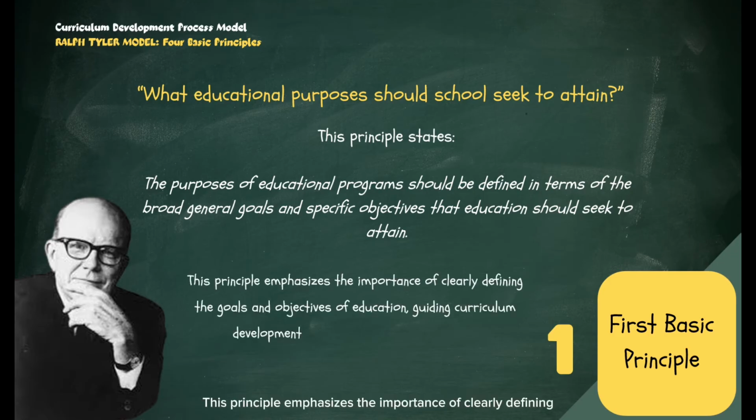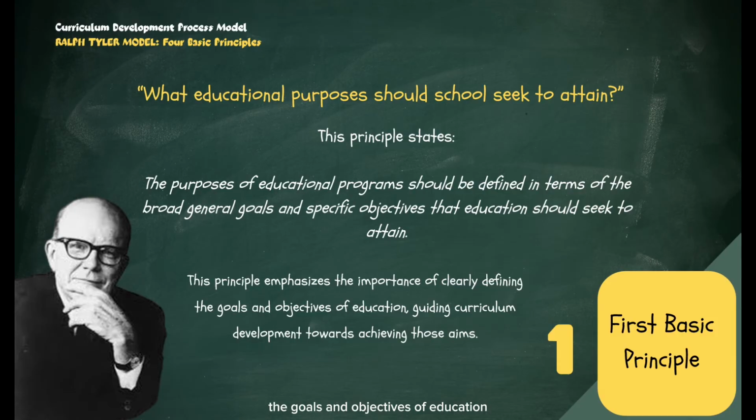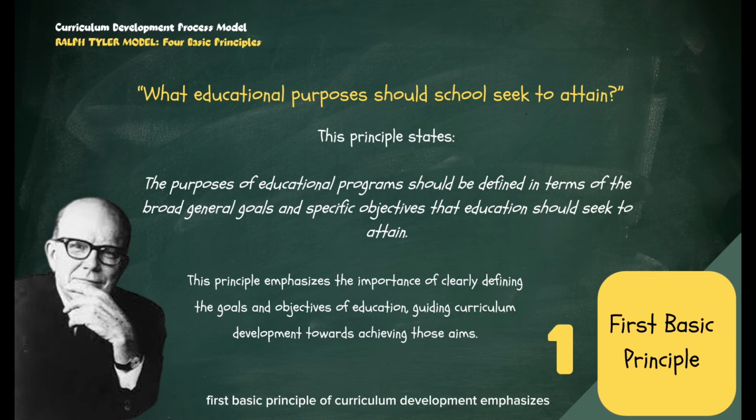This principle emphasizes the importance of clearly defining the goals and objectives of education, guiding curriculum development towards achieving those aims. Furthermore, the first basic principle of curriculum development emphasizes the importance of clearly defining educational goals and objectives to guide curriculum planning, instruction, and assessment.